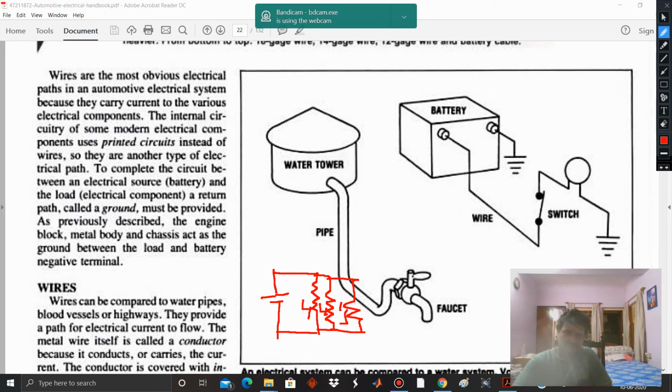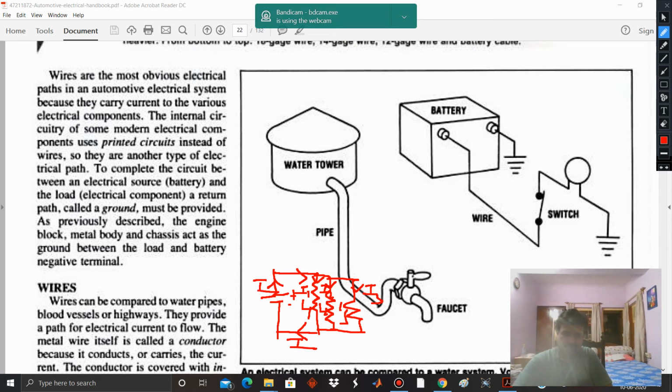Current will originate from the positive terminal of the battery and flow like this. Suppose the current in this branch is I1, in this branch I2, in this particular branch I3, and here all the currents sum up again as I.